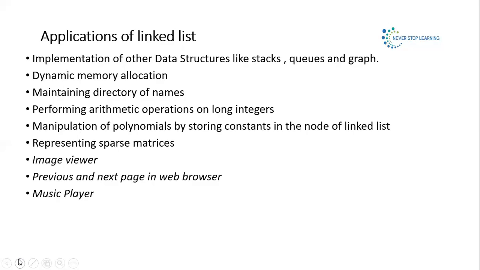Performing arithmetic operations on long integers, manipulation of polynomials by storing the constant in a node of a linked list, all these things require linked lists. Also if you want to represent a sparse matrix, or in an image viewer, for example previous image and next image, all will get linked.